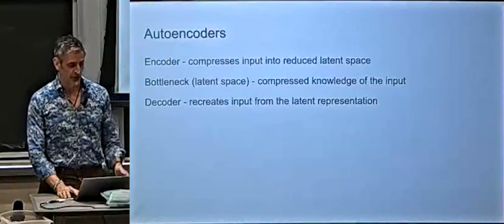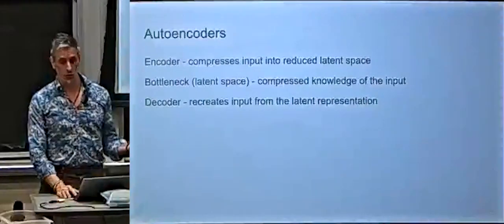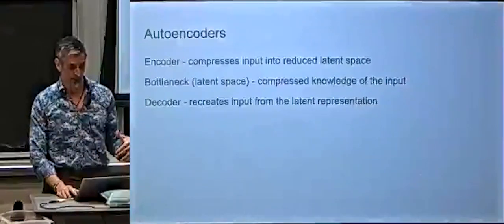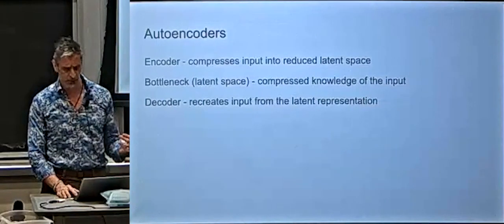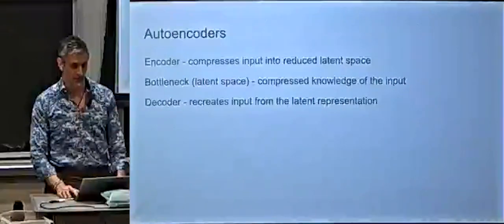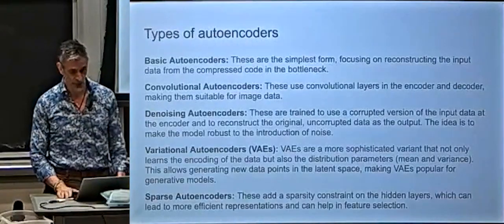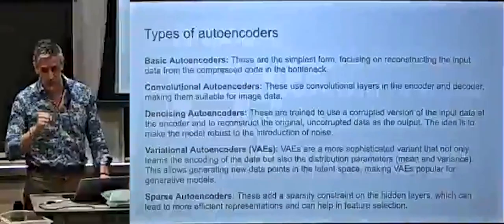In general, these autoencoders have a bottleneck. They have a latent space that is lower in dimensionality than the input image, and the decoder puts that information back, although it's not always true. Sometimes it can be the reverse. There are a few different types of autoencoders.